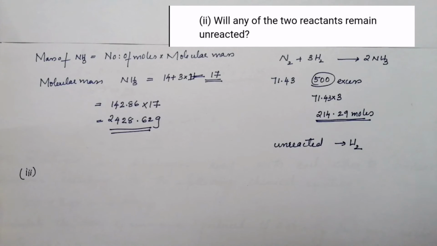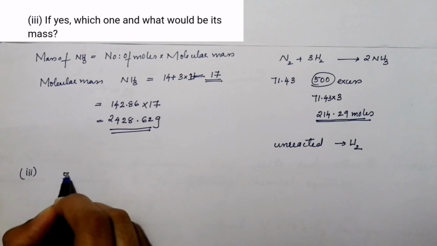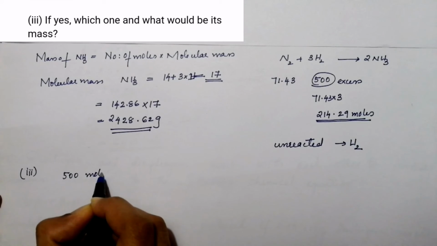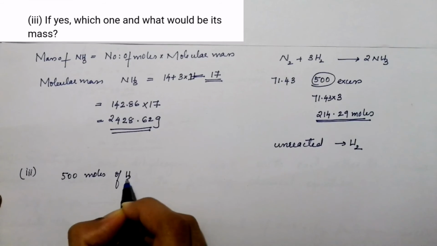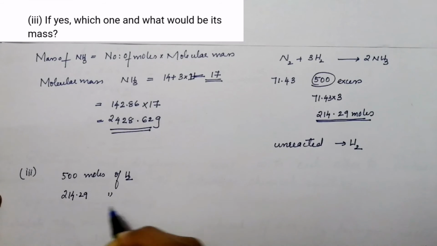In the third part, we are asked to calculate the mass of this unreacted hydrogen. For this, let us first calculate the amount of moles of hydrogen that is unreacted. We know we are provided with 500 moles of dihydrogen and we required only 214.29 moles of hydrogen.